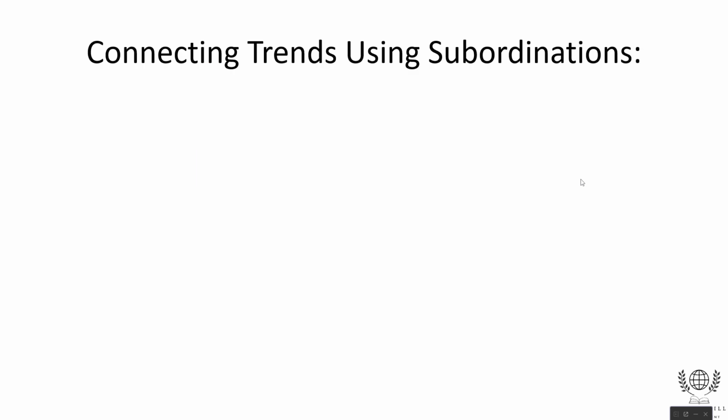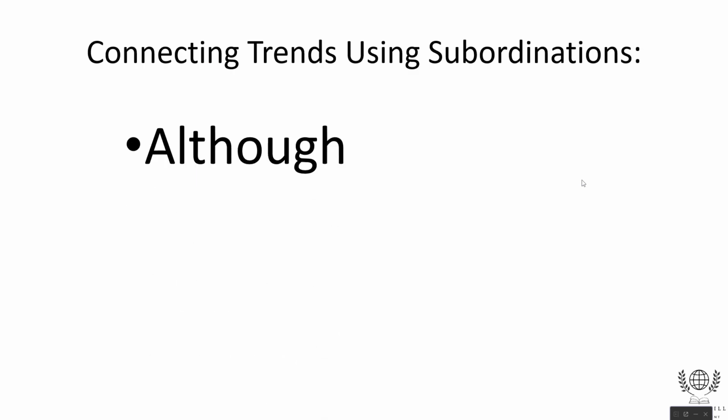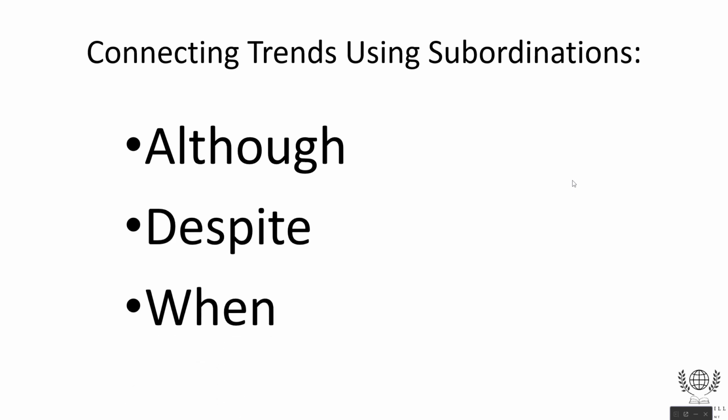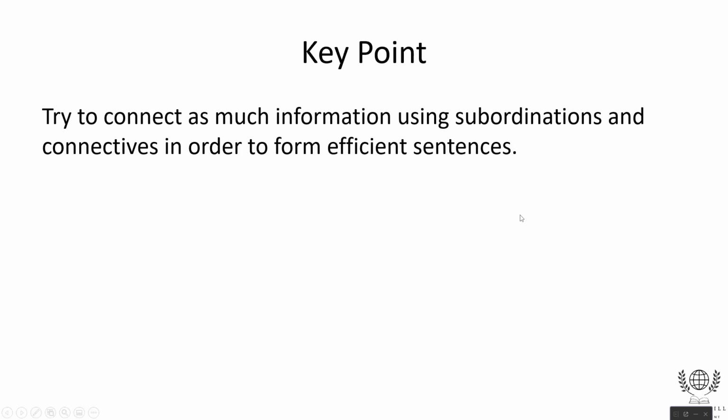Right? So connecting trends using subordinations like although, despite, and when is absolutely essential because it will allow us to create complex sentences that effectively and efficiently combine complex trends into very short but effective sentences.